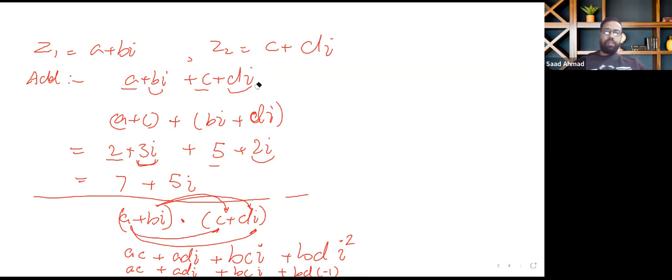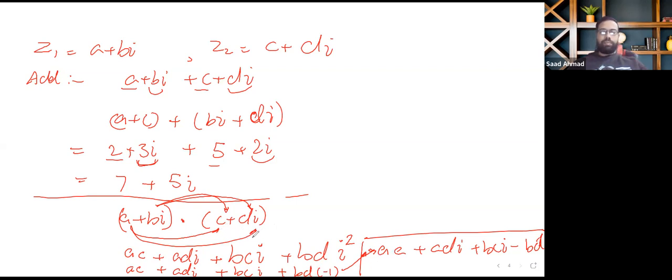It will become ac plus adi plus bci minus bd. So that's how we can multiply. Here a, b, c, d are dummies for any number, so when we have actual numbers, we just multiply the actual numbers instead of these.